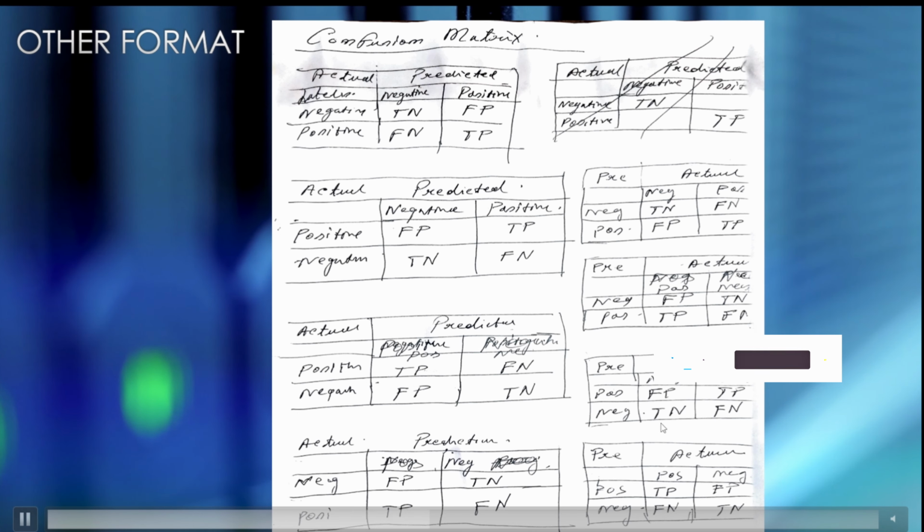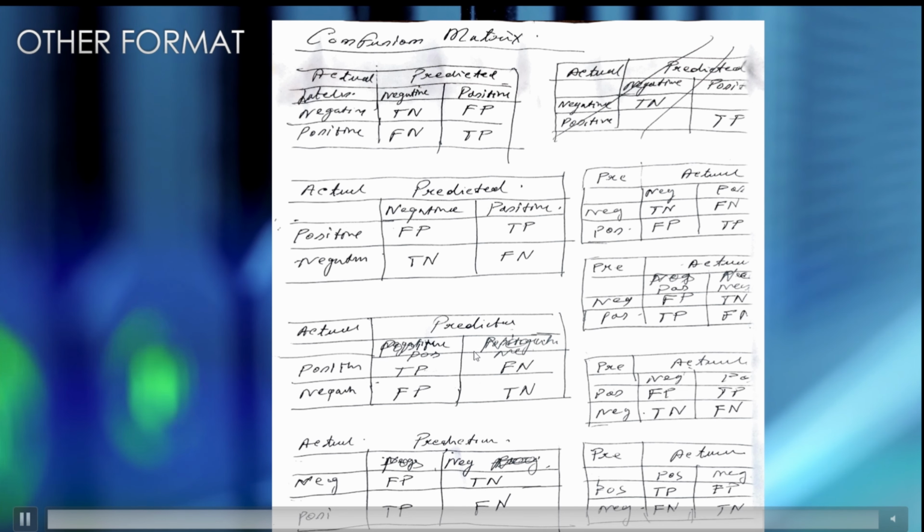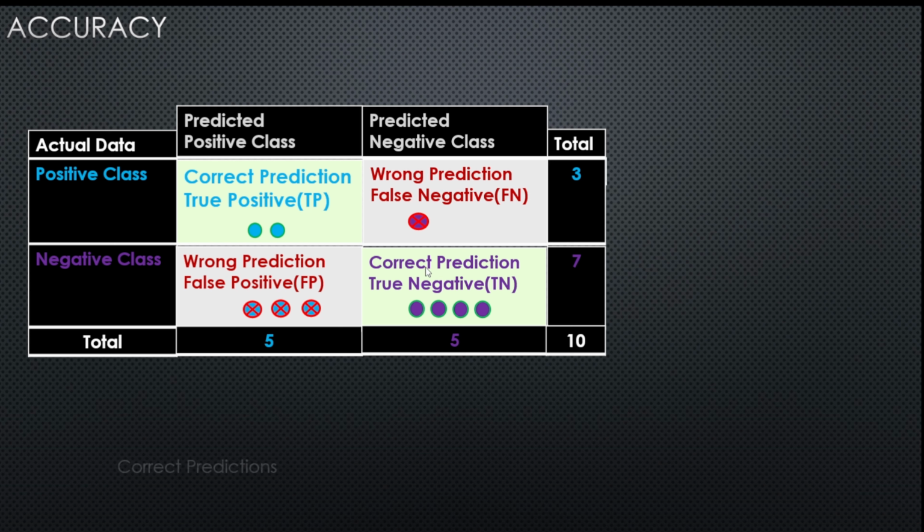You can see there are many other formats through which the confusion matrix can be presented, and that also creates some confusion. You should therefore keep in mind that when you want to align with, let's say, scikit-learn code, we stick to what we have presented: the rows represent the actual, the columns represent the prediction, and the first quadrant is positive-positive. Fair enough.